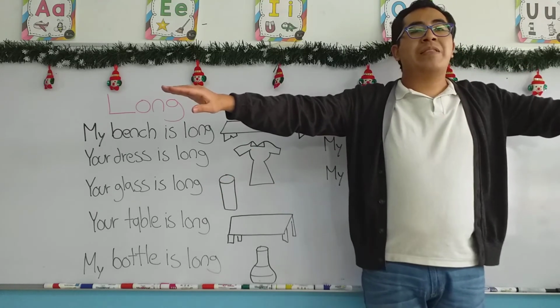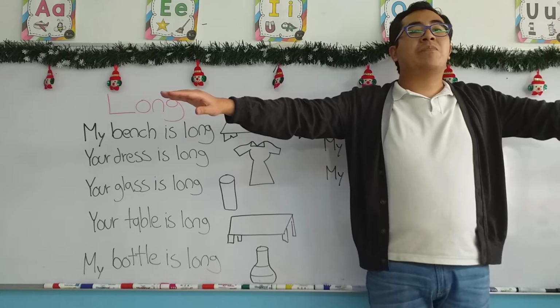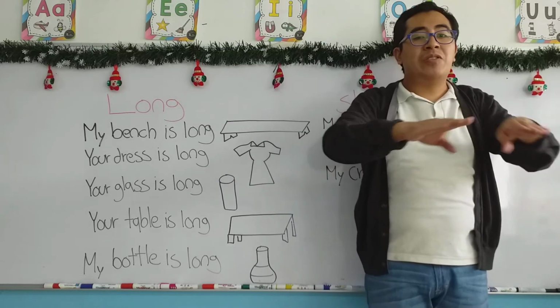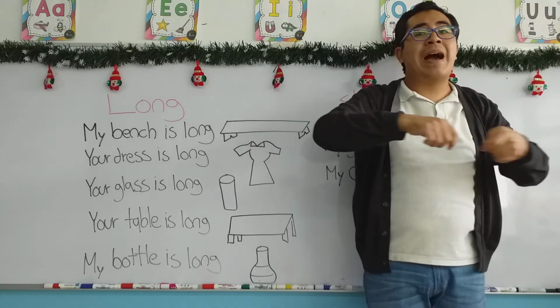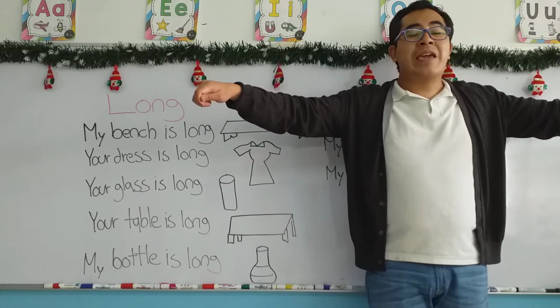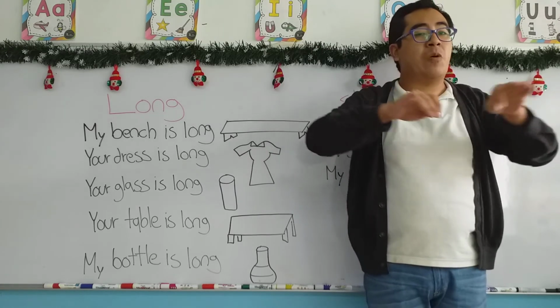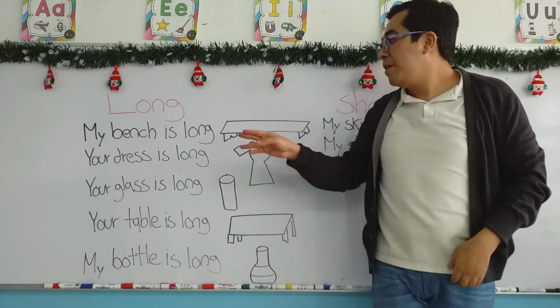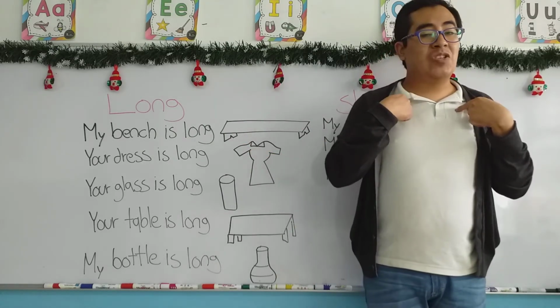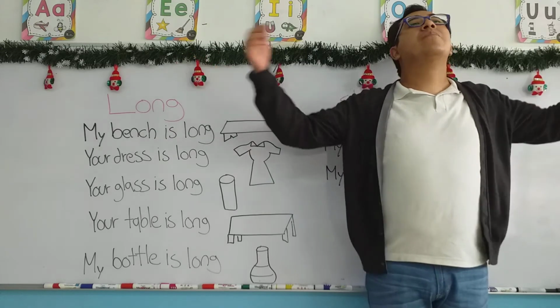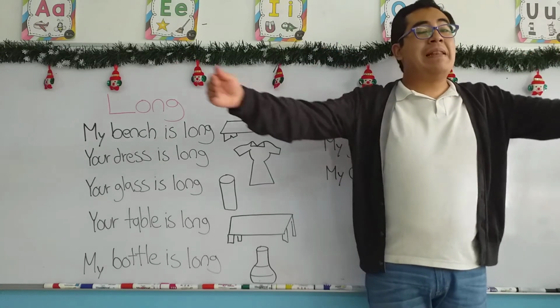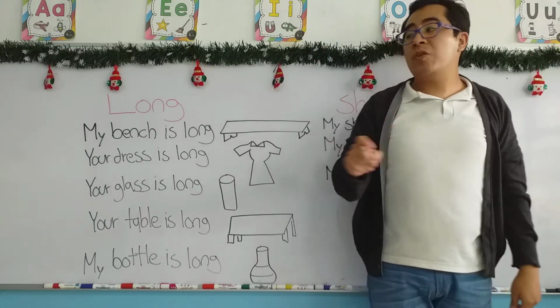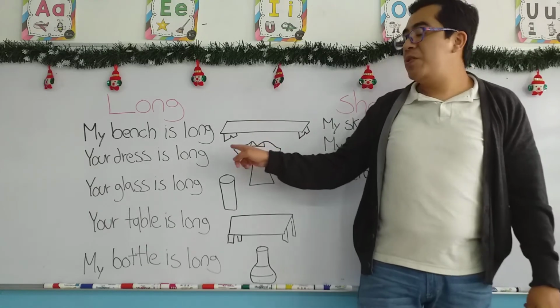Largo únicamente cuando nosotros hacemos un concepto de medición, cuando queremos medir algo, ¿ok? Ahí es cuando nosotros vemos si el objeto es largo, ¿ok? O corto. So, my bench is long. Mi banca es larga.